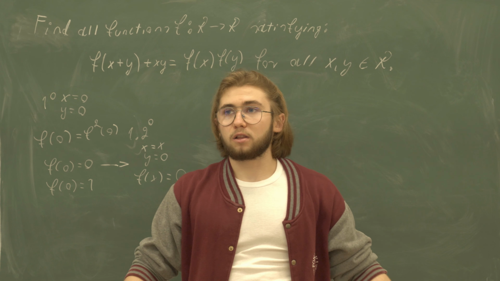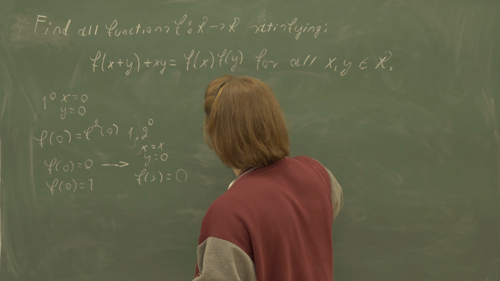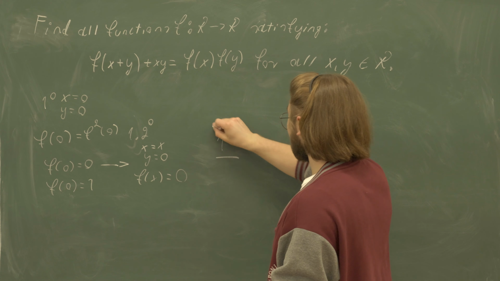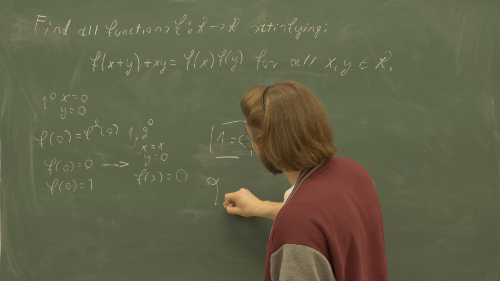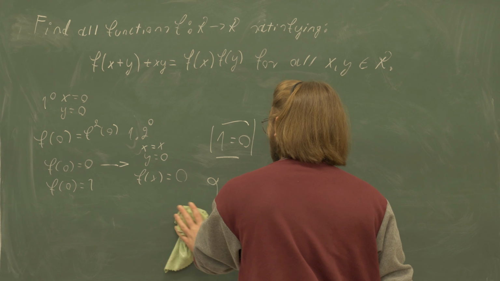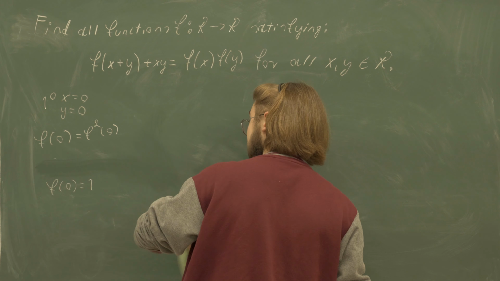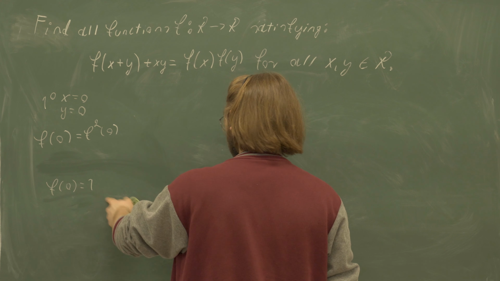It would allow a really silly situation, like 1 equal to 0, which the last time I checked does not make any sense. So I would like to rule out the option f of 0 equal to 0, and what we're left with is f of 0 equal to 1.